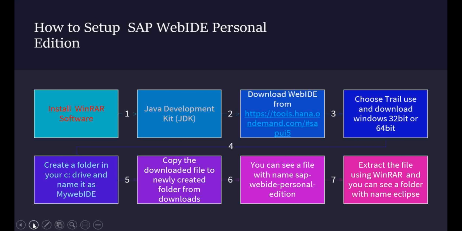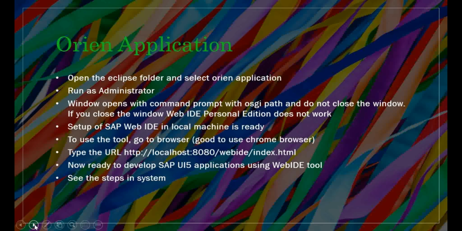Once you open the Eclipse folder, we can see an important application file inside it. We will see what that application file is. Orion is the application file. It is a very important file to work with the SAP WebIDE Personal Edition.